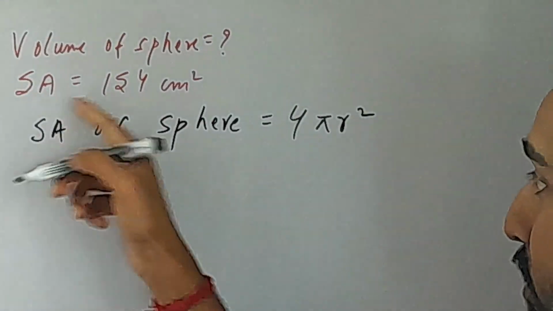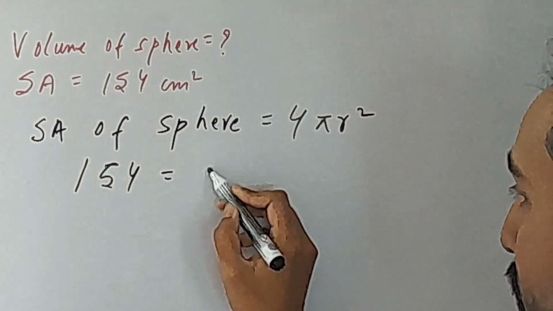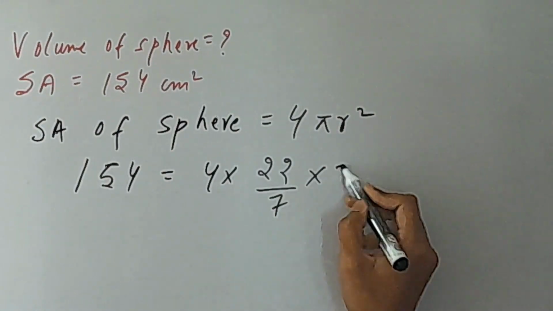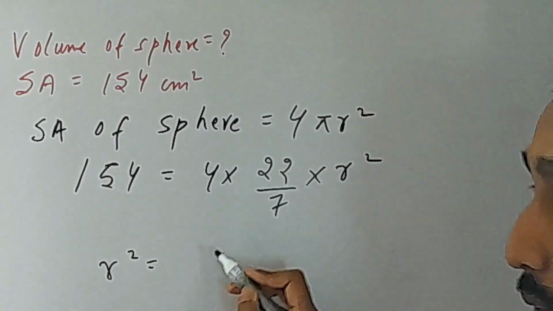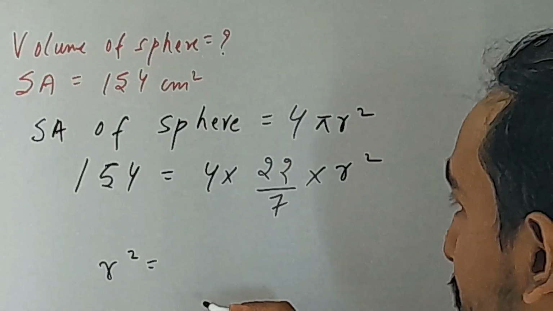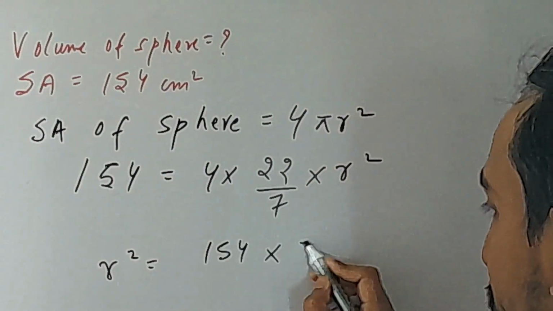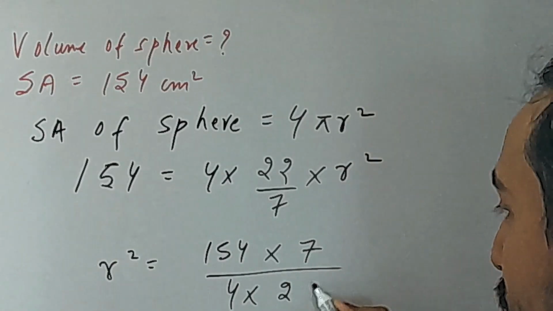Since it is given as 154, we will put the value of 154 here, and 4 into 22 by 7 into r square. We have to find r square, and that value will be used in the volume of the sphere. So r square is given by 154 into 7 divided by 4 into 22.